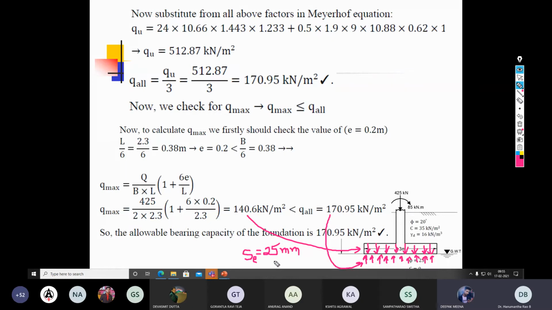If the settlement exceeds 25 millimeter, this can lead to stability failure. Now there is another thing also. Suppose there is no movement, it is uniform settlement. Now under the movement, what additional factor comes into the picture? In addition to the settlement, is there any other kind of danger?